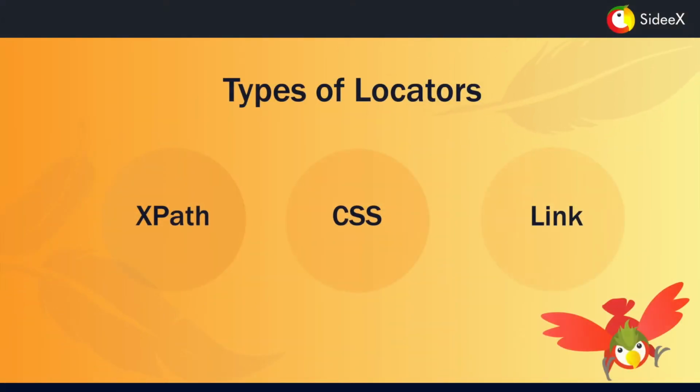There are several ways to track an element in the website, including using locators such as XPath, CSS, or link. XPath is the XML path to the website's element according to its DOM tree. The CSS normally grabs the element's ID or its class, and the link grabs the text displayed on the element.